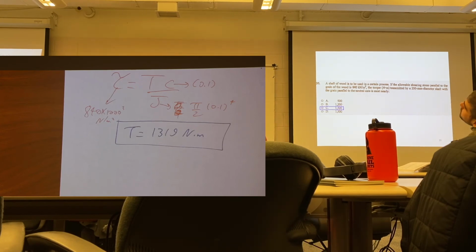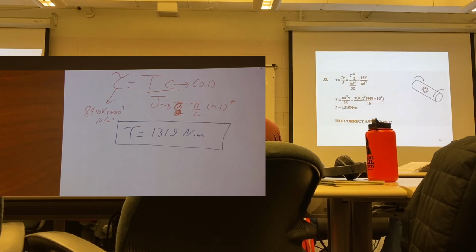So this was basically a torsion shear stress problem. Tau equal Tc over J. I give you c, I give you tau, I'm asking for T. Direct substitution, just have to be careful. The solution provided for this problem used D over 2 and pi D to the power 4 over 32, which I find more complicated.